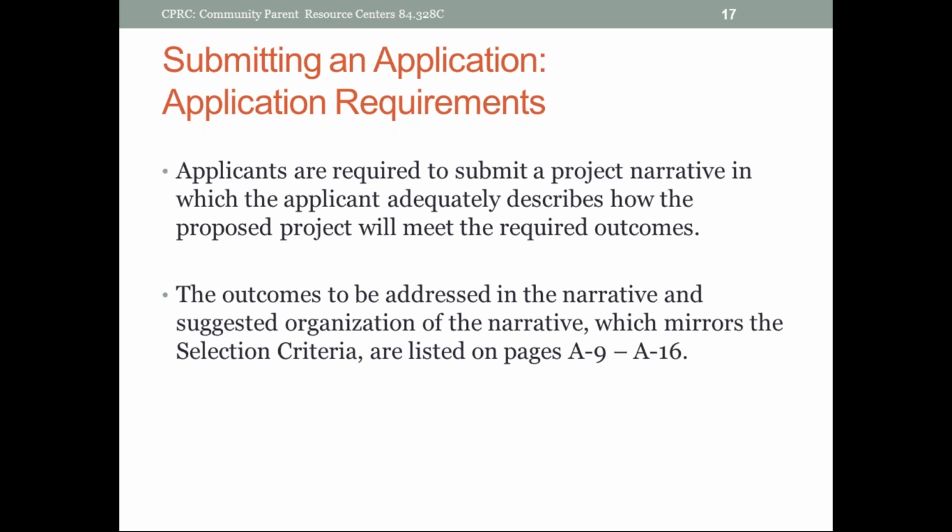You're required to submit a project narrative in which you will describe how the proposed project will meet the required outcomes. Again, we suggest that you organize your narrative according to the selection criteria, because the requirements in the package follow this selection criteria. That's a good way of organizing it, because it will make it easier for the readers to know how to score you in each of these selection criteria, because they can see it in your application narrative very quickly.